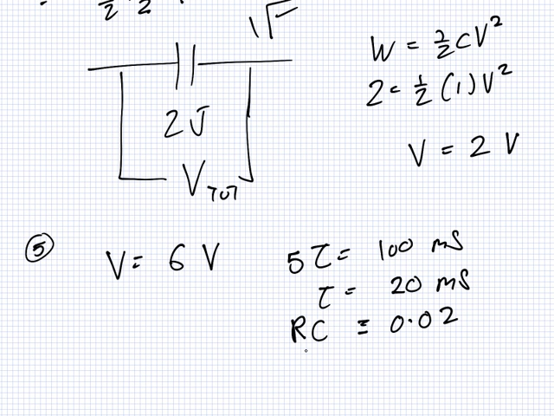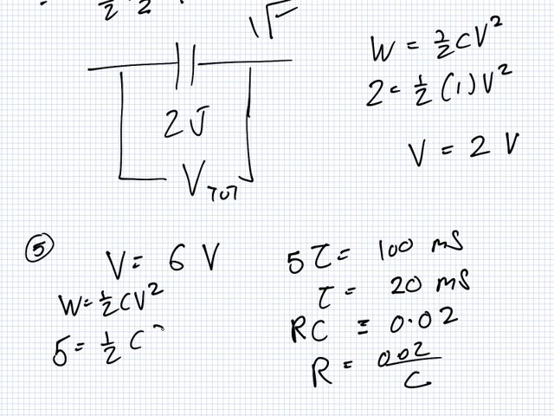Okay, now I'm looking for the R, isn't it? So the R is 0.02 over the C. Can I get the C? Well, I have work is a half CV squared. Do I know the work? I do. 5 is a half C 36. So 5 over 18 is equal to C. Super.